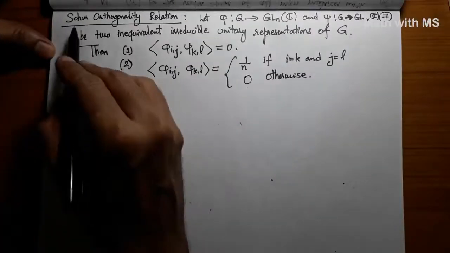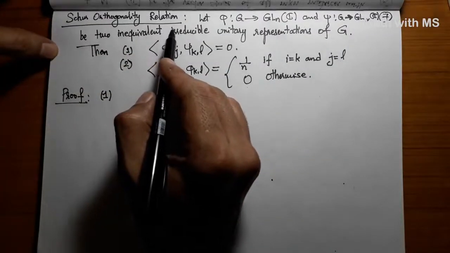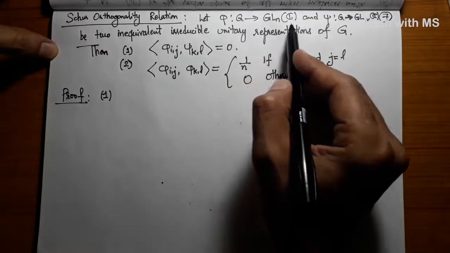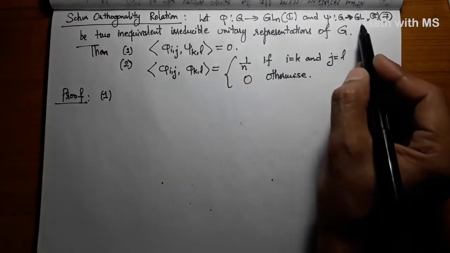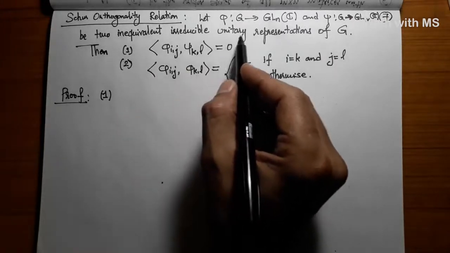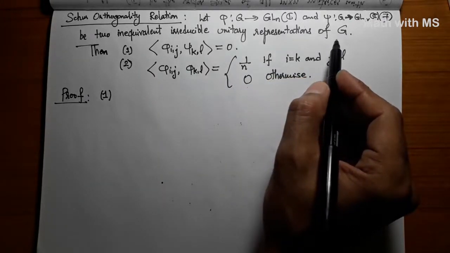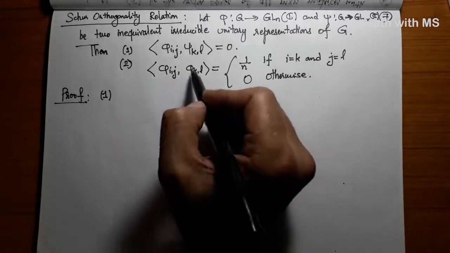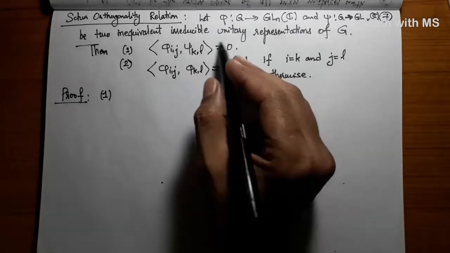We can now prove Schur orthogonality relations. Let phi from G to GL_n(C) and psi from G to GL_m(C) be two inequivalent, irreducible unitary representations of a group G. Then there are these orthogonality relations between the coordinate functions of the representations.